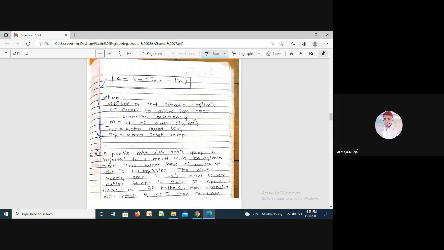M is the weight of water in kg per hour. T out is water outlet temperature, and T in is water inlet temperature. So these are the parameters. Now we will go for the problem.